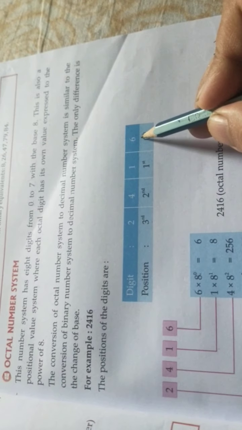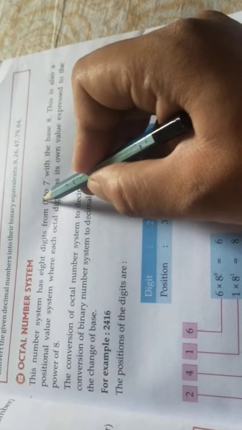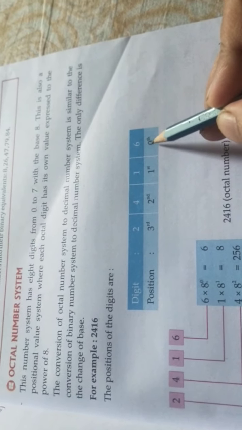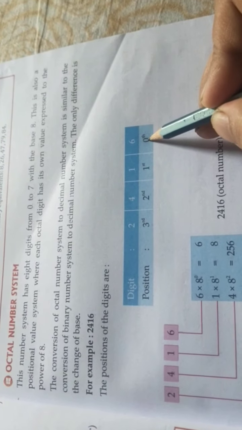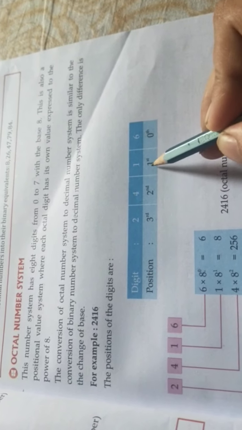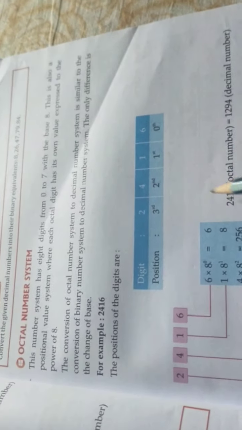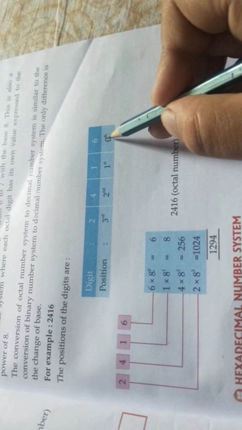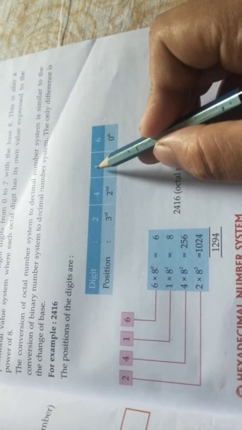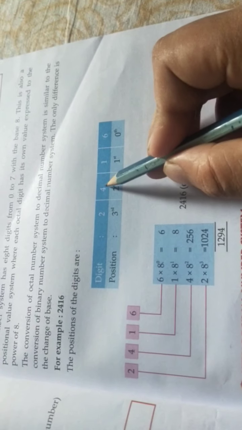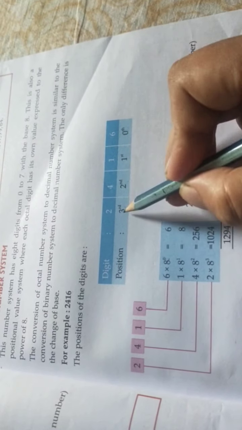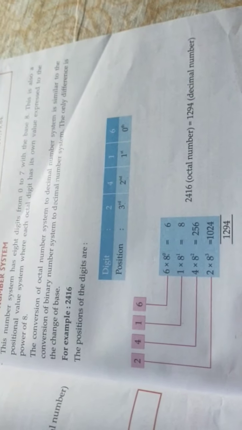Now you will start with 0, since the octal number system starts with 0 to 7. So here you start with 0, 1, 2, 3. The 6 is the 0th number, 1 is the first number, 4 is the second, 2 is in third position. This is the position of the numbers.